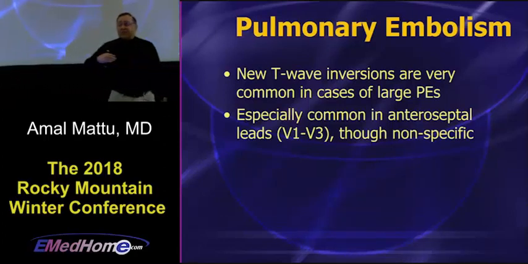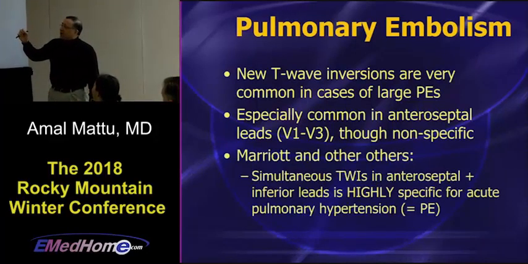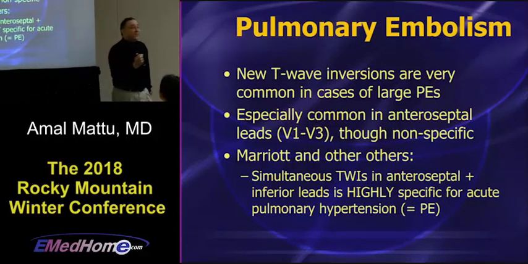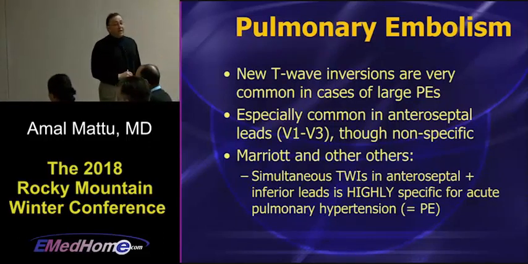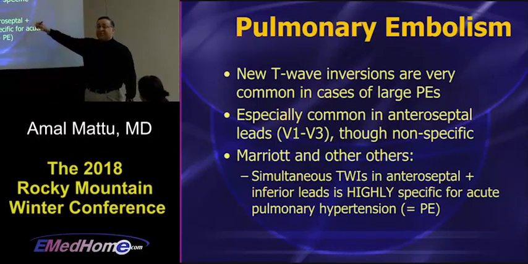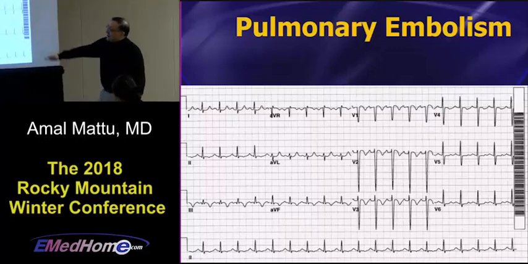In fact, if you go back 30, 40 years, back when Marriott used to teach electrocardiography, he used to talk about simultaneous T-wave inversions in the inferior plus the anteroseptal leads being enormously specific for PE. In fact, there was one study published in the cardiology literature that said when you see T-wave inversions in the anteroseptal plus inferior leads, it was 99% likely to be PE. So very, very common. Here's just some examples.